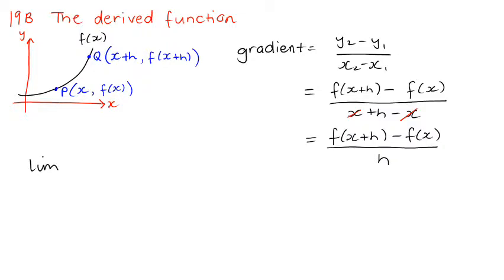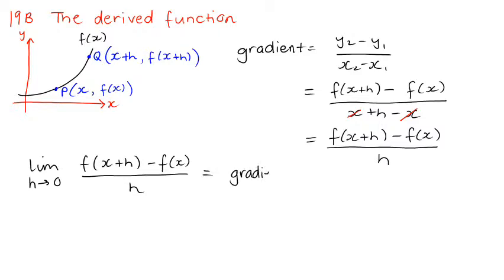So the limit as h approaches 0 of this one gives us the gradient of point P, which is also what is that known as?